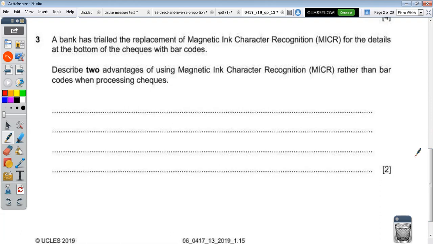State two advantages of using MICR rather than barcodes when processing checks.